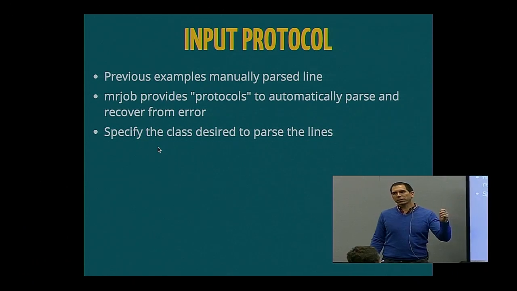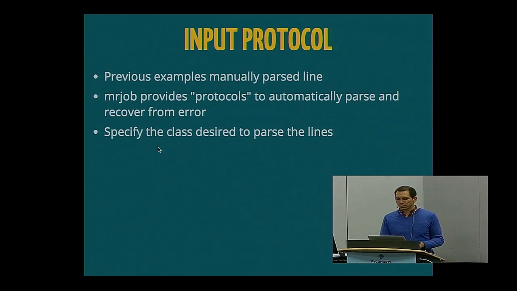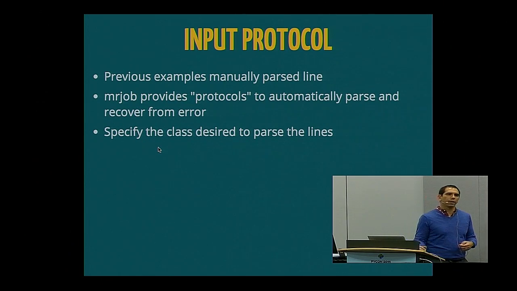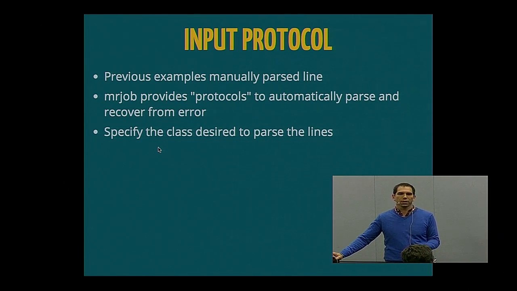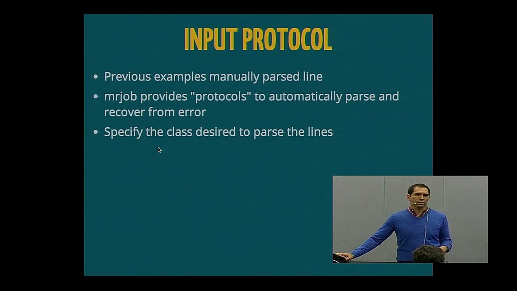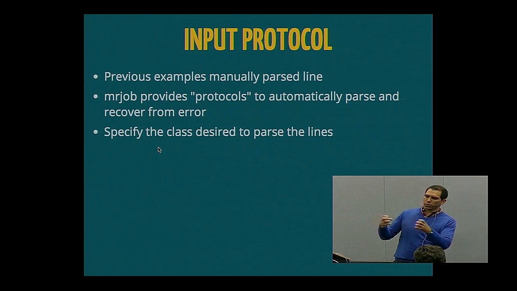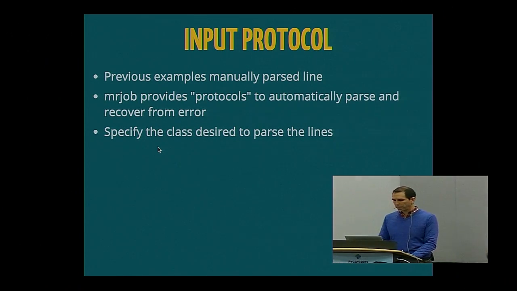So in order to specify this input protocol, we specify the class that's desired to do these line parsings. And these classes can be pretty simple. We actually have written one that parses MySQL insert statements so that we can take a MySQL dump and then use mrjob to process those, instead of having another file that transforms MySQL into JSON or something similar.